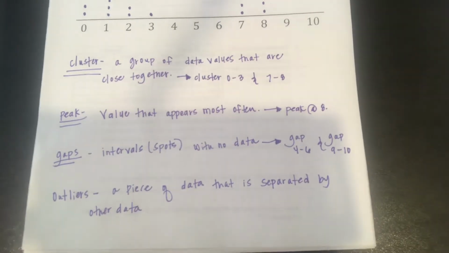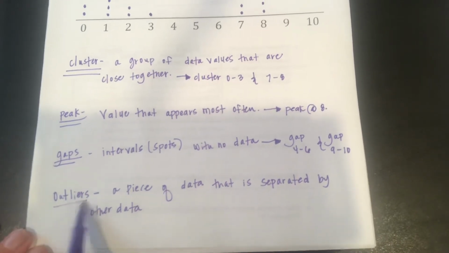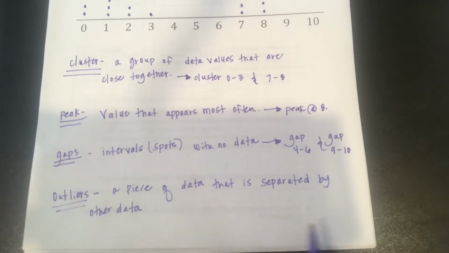And so looking at this on outliers, I don't really see anything that's separated by other data.